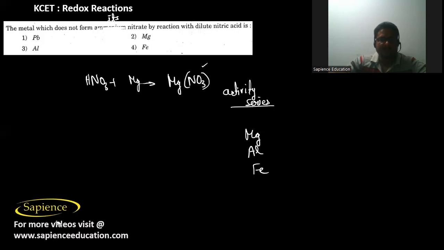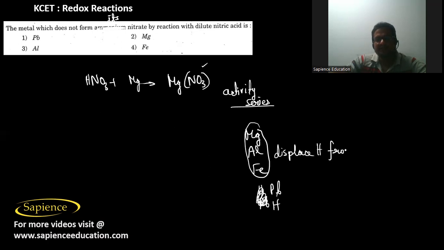So it means these metals are highly reactive, so they can easily displace hydrogen from dilute acids, but lead is only just above hydrogen, so it can't easily displace hydrogen from dilute acids.